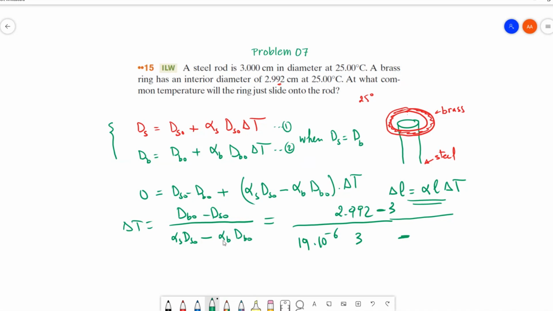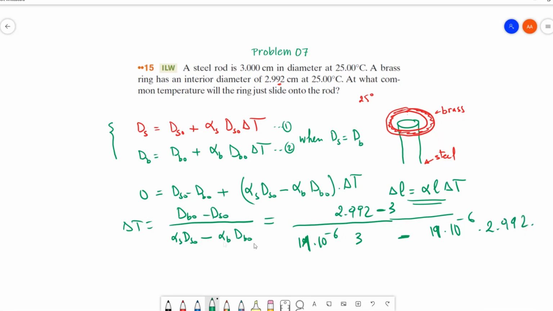Alpha should be given in the formula sheet or in the exam. And here 11 times 10 to the minus 6, and here it's 11 and here it's 19, and minus 6 multiplied by 2.99.